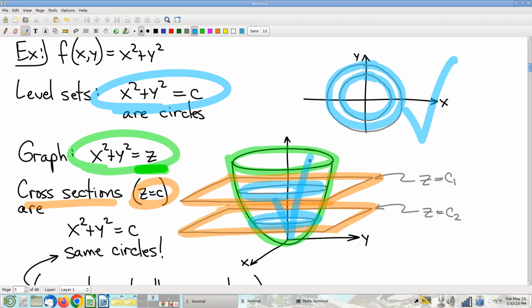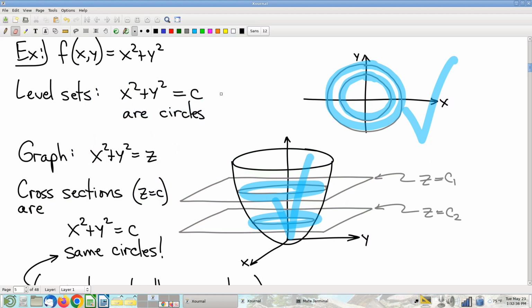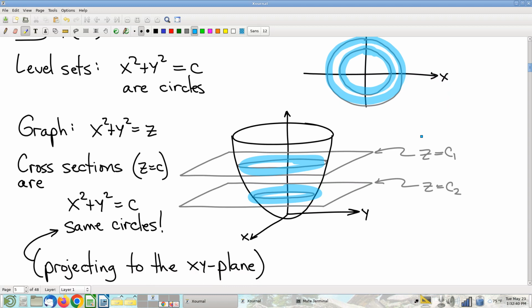So again, horizontal cross sections of graphs give you level sets. There's one little minor, annoying distinction that I do have to point out here, and apologies for the technicality: what I have here are circles in 2 dimensions.